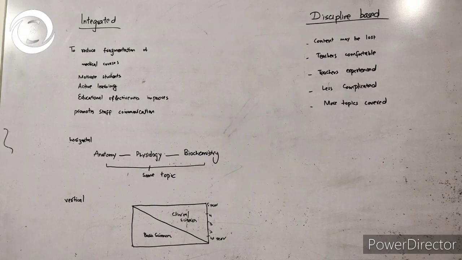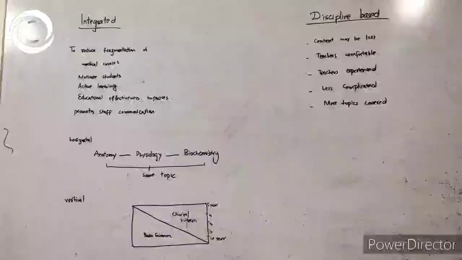Now the third strategy is about integrated teaching versus discipline-based teaching. Nowadays the trend is more towards integrated teaching. Integration may be horizontal or vertical. Horizontal integration means, in the first 2 years, integration between anatomy, physiology and biochemistry.